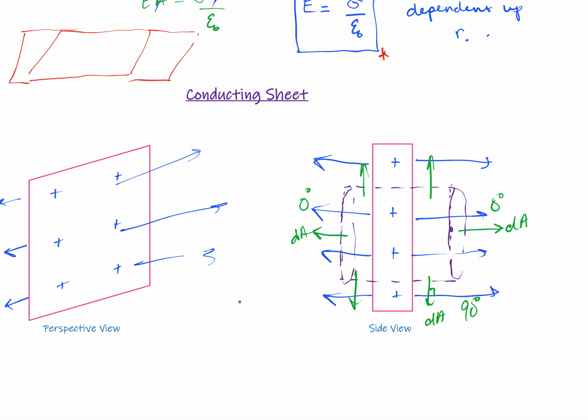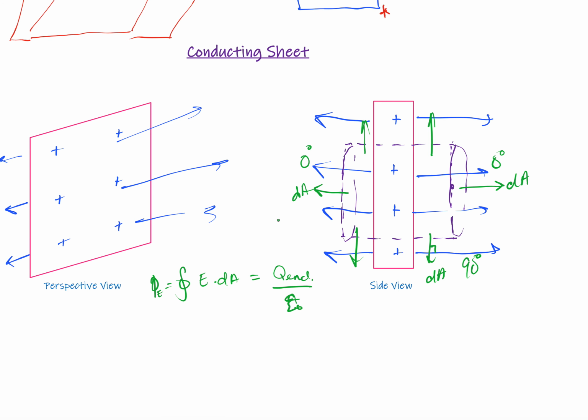So if I set this up, what I'll end up seeing is that the electric flux is equal to the integral of E dot dA, equals the enclosed charge over epsilon naught, apologize, and then we can write the Q enclosed again as sigma A. But here what we need to do is make sure that when we add up this side, E is constant, so I can pull that out.